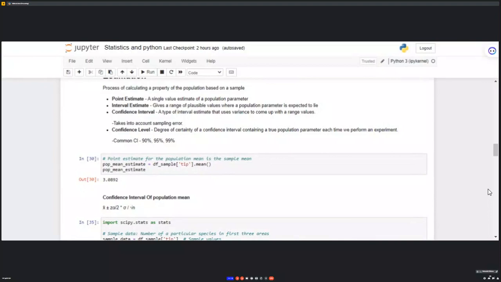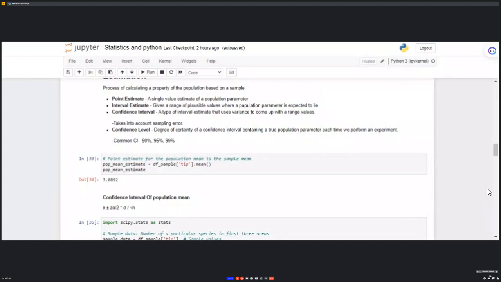It's the same thing, only that now you have to calculate it. So if my margin of error is 2 and my mean is 20, anything between 18 and 22 is a valid answer. That is the interval estimate.